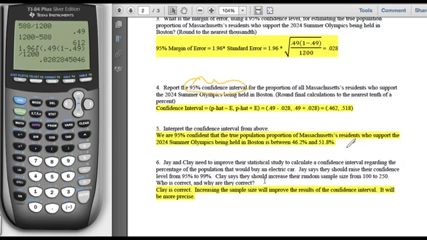Reminder that you can do a lot of this on your calculator. If you go to Stat, Tests, scroll way down the list to letter A, the 1-PropZInt, just hit enter. X, my success number, the number of people that said yes, was 588. N, my sample size, was 1,200. Leave my confidence level at 0.95.